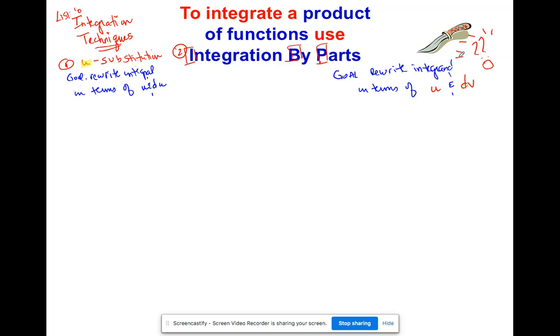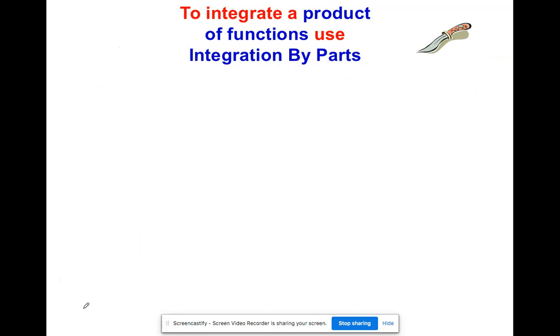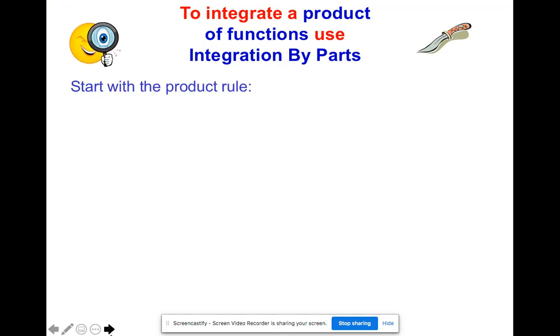Crazy, right? Okay, so again, it is a little bit of a dagger because there is a formula associated with it. So the first thing I'm going to do is show you where the formula came from. You don't have to take notes on this because I'm going through a proof, but rather than just giving you the formula, I want to at least show you it doesn't come out of nowhere. I'm going to start with the product rule for derivatives.